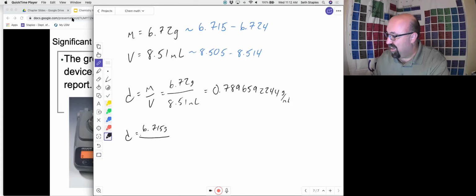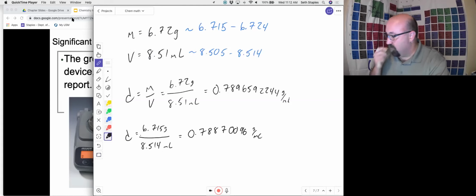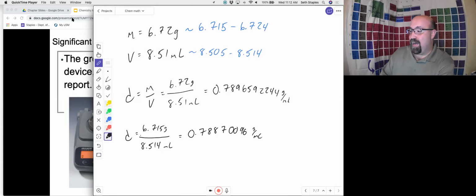And then the largest for volume could be 8.514 milliliters. Plug that into our calculator. And so the real density could be as small as 0.788700096 grams per milliliter.